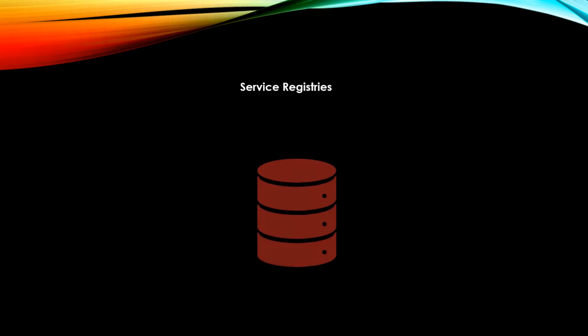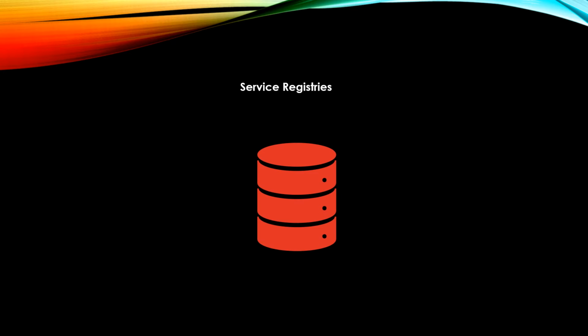In service discovery, there is one important concept called service registries. Service discovery typically involves the use of service registries, which are databases or directories that maintain information about available services. These registries store service metadata such as service names, addresses, and their health status.